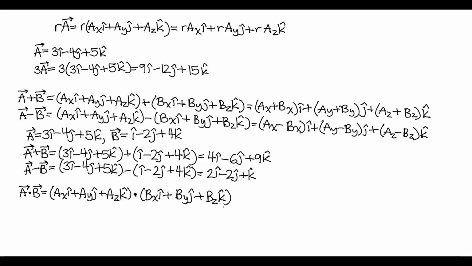So what you get as a result of multiplying out and simplifying is A dot B is equal to ax times bx plus ay times by plus az times bz.